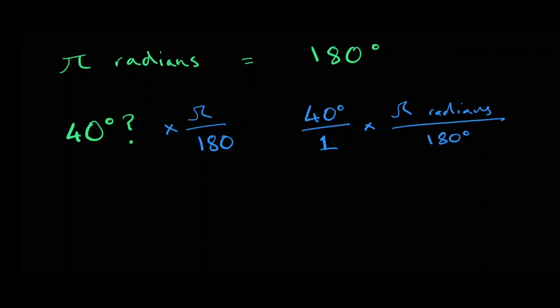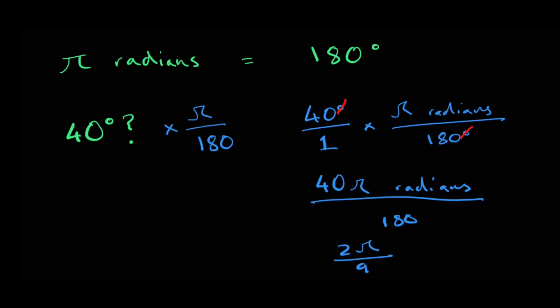And the reason we can do that is because pi radians equals 180 degrees, so we're essentially just multiplying by 1, because anything divided by itself is 1. So we can cross-cancel the degrees units, and then we're left with only radians. And so it becomes 40 pi radians over 180, which you can simplify to be 2 pi over 9 radians.